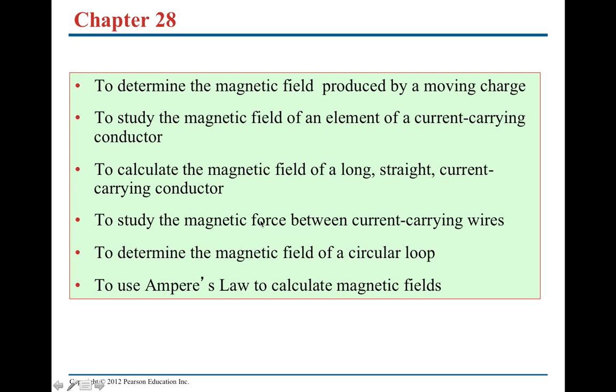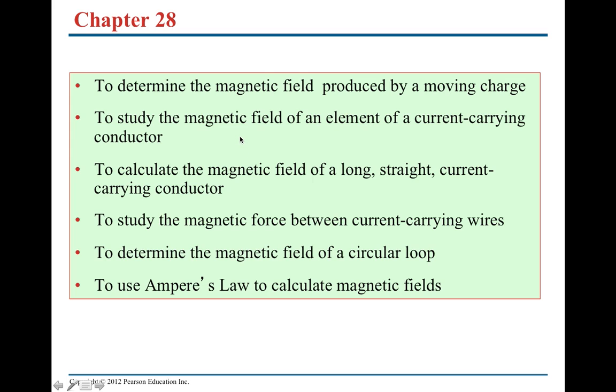This is important because once there is a current flowing in a conductor, that conductor will produce a magnetic field. If there is a charge or a current near the magnetic field, then there will be a force produced. Well, that's how important this is. And of course, we'll finally use Ampere's law to calculate the magnetic field.